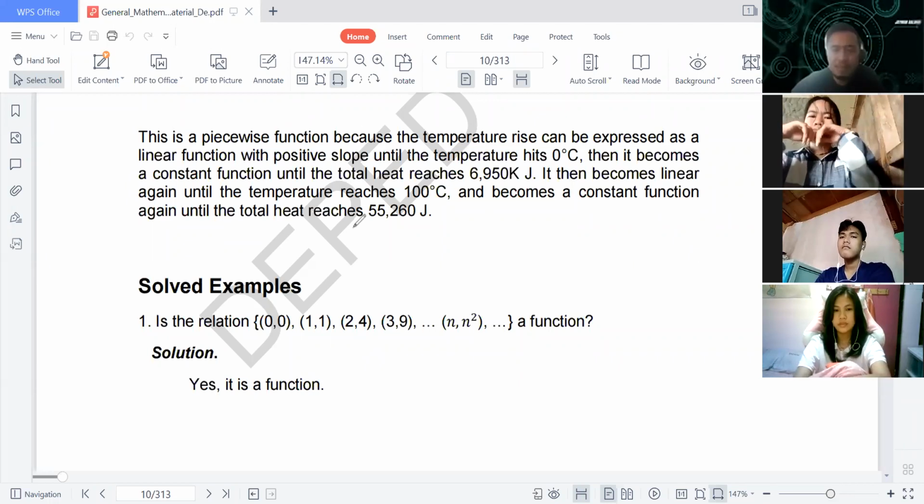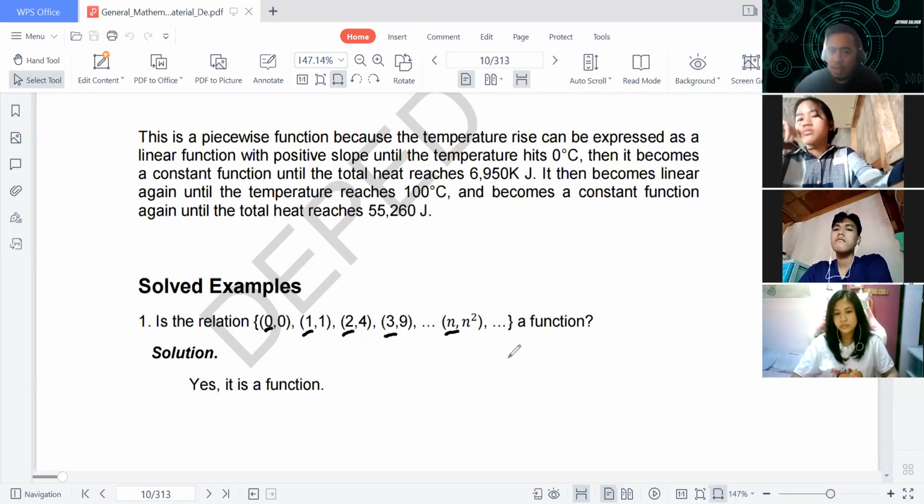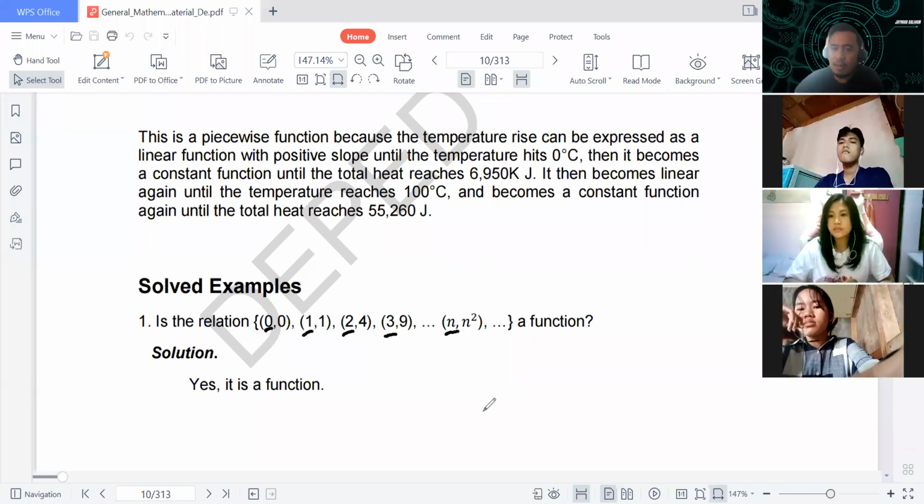Yes, sir. The rule, class, is that for a set of ordered pairs to be a function, look at the abscissa, the x variable. If it is not used more than once, then that is a function.